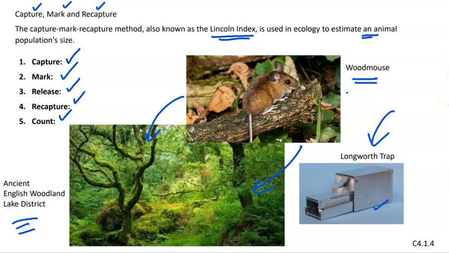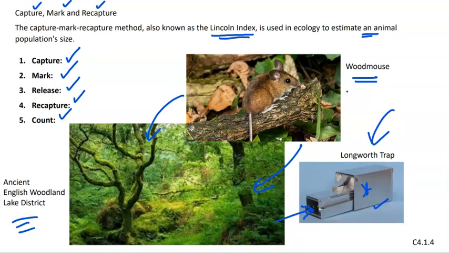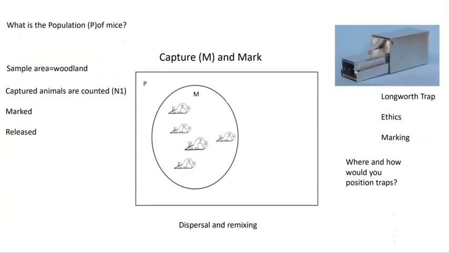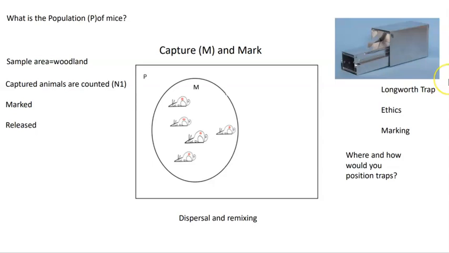The Longworth trap. Typically the animal enters into here and is captured in here, in the slot here. I'll talk about some of the ethical considerations a little bit further along. So we're calculating the population size, which we'll designate as P for the mice.